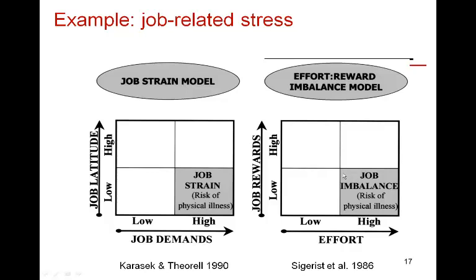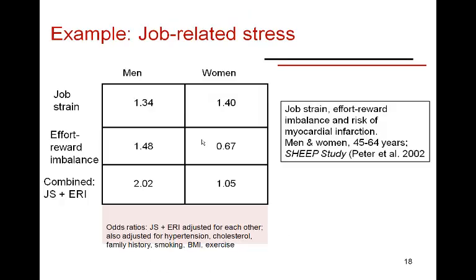This quadrant, again, is that which is perceived to be the most stressful, where there's high effort but low reward, and compared to these other three quadrants, as the job strain quadrant here compares to the others in the Karasek model. And here you can see an example of how the two measures match up.